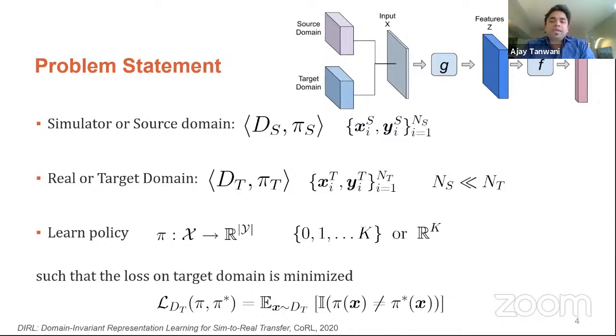The simulator domain has lots of labeled examples, while the real or target domain has very few labeled examples, but can have a lot of unlabeled examples. And we seek to learn a policy such that the empirical error on the target domain is minimized. The policy here is represented by a concatenation of the functions f and g.